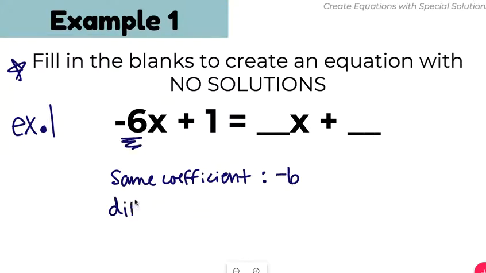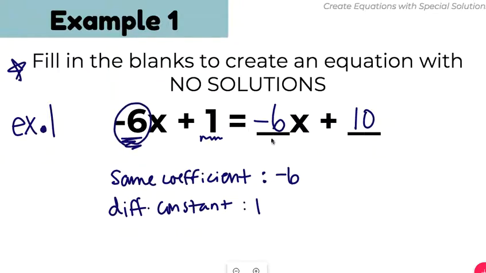Then we need a different constant. My constant is a 1. So I need a number that's different than 1. Any number, just make sure it's not 1. Okay. So when I write my new equation, same coefficient, different constant, 10, 100, 1.3, 2/3, whatever you want.